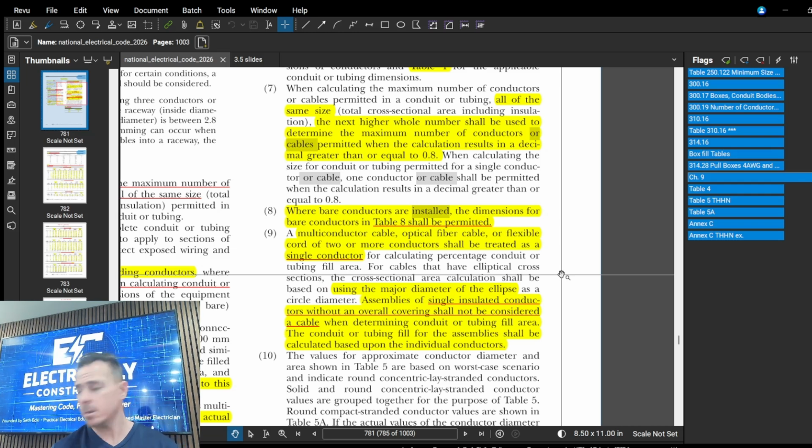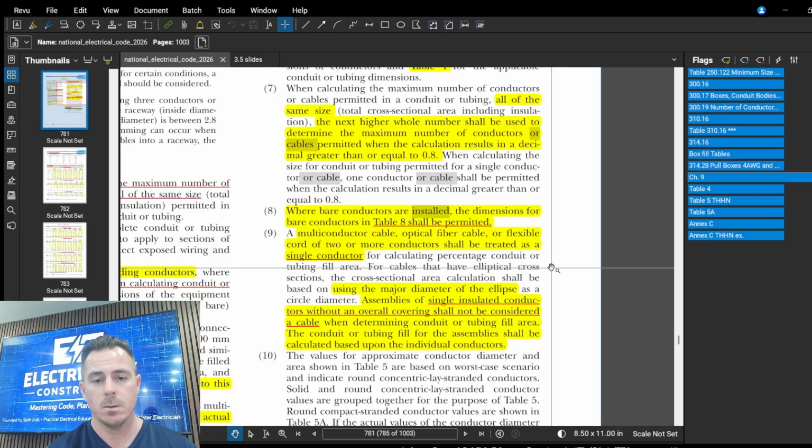So what that's telling us is if we have multi-conductor cables like NM cable or SO cable or any other type of cable that has multiple wires inside of it, if it has an outer jacket holding those multiple wires, it's going to be treated as one single conductor. So when you do that, you can use the 53% fill rule from table 1. We'll get more into that in a little bit.